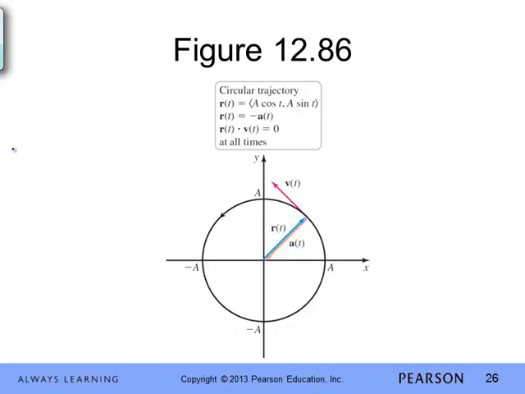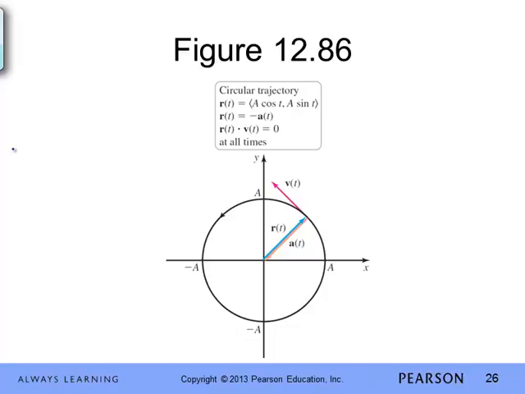Why is that true? Well, do you notice that R of t is always going around in a circle? So is the magnitude of R ever changing?